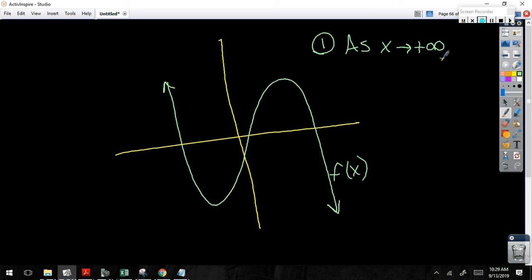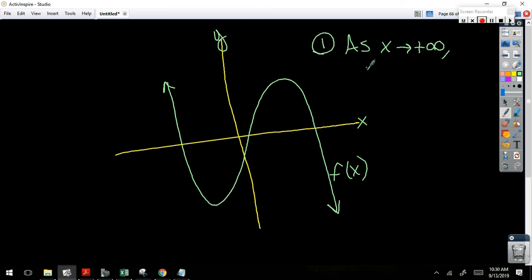This is x, this is y. So as I look to the right, what is the graph doing? On the right side of the graph, is it going up or is it going down? Down. It's going down. How do I say that it's going down? Negative. That's exactly right. Would that be the same thing if it was a negative sign?